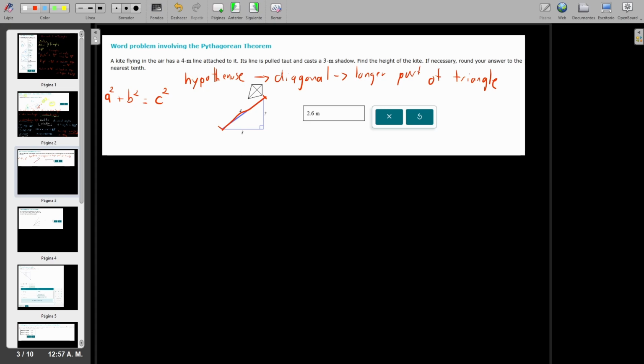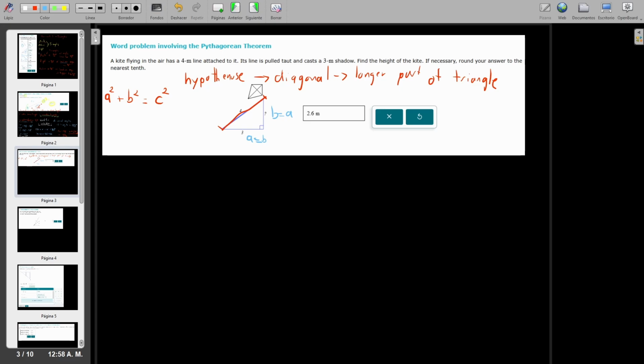Usually it is a and b. We can put it the other way, for example this can be b and this can be a, but usually put the a to the side that is horizontal and b to the side that is vertical.